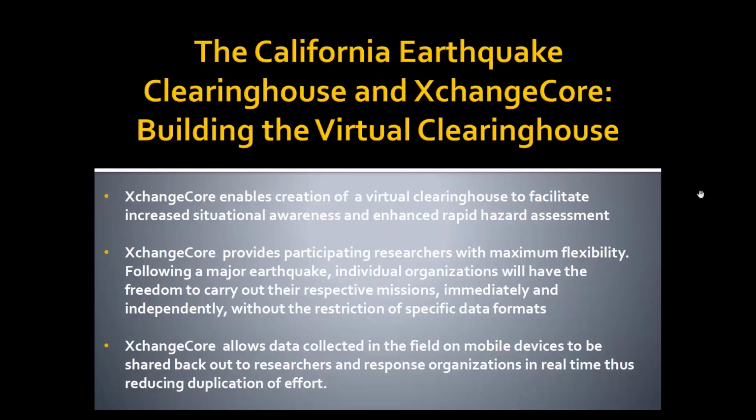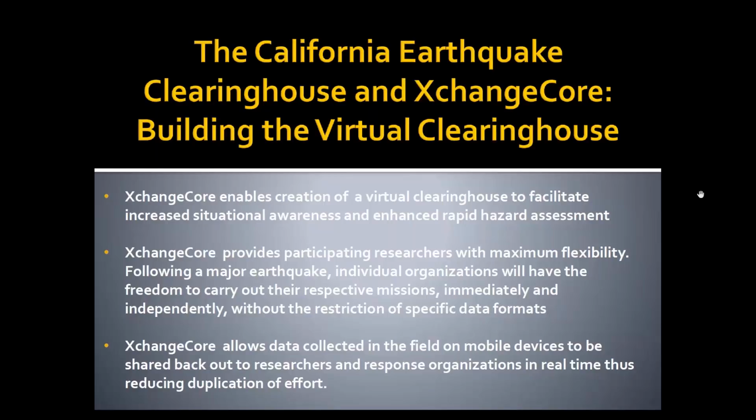The Clearinghouse doesn't direct any of our members about how to collect and analyze the data. They all have their own jobs and roles and responsibilities, but we want to be able to share that information. So XchangeCore has been a real important asset to us to facilitate that exchange of data and all the different types of data exchange that you heard Paula and the other two gentlemen speaking about.